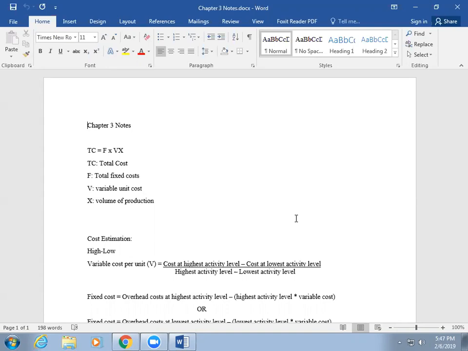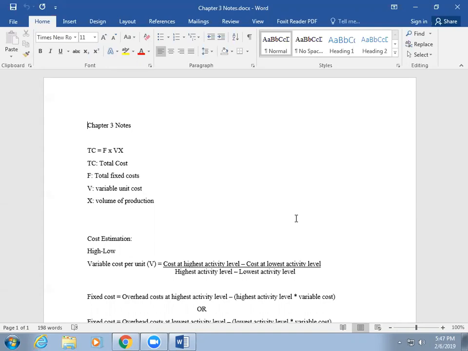So hopefully you remember there are some main methods of doing cost estimates, where again, our whole goal is usually to solve for a variable unit cost, and then from there to write a cost equation. And there's the scatter graph, which we'll look at when we do the regression a little bit too.